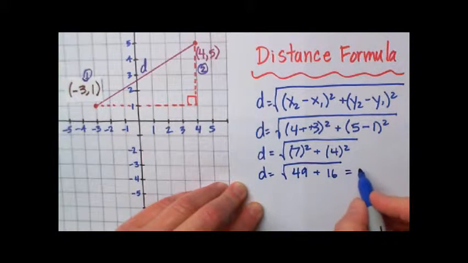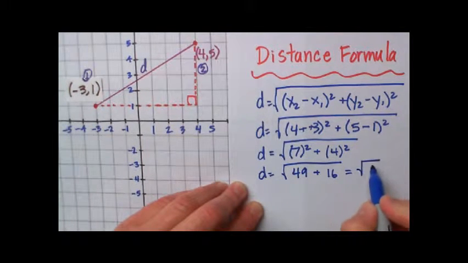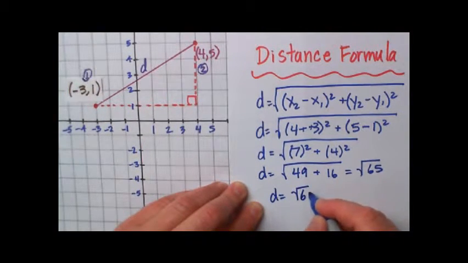And all of that equals the square root of 65. 65 contains no perfect squares under the radical. So we would leave our distance as the square root of 65, and that would be your answer.